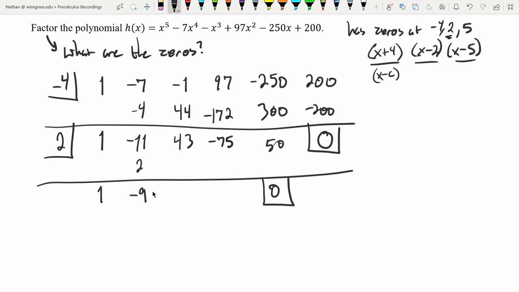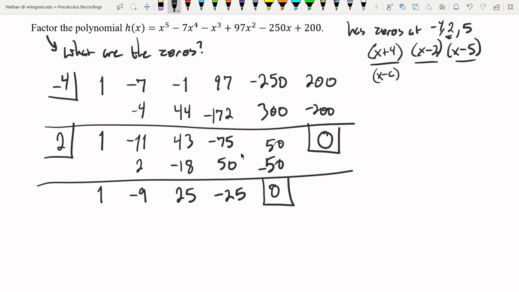Add going down, multiply by 2. Add going down, multiply by 2. Add going down, multiply by 2. And we get 0 for remainder. So I've done that one correctly.